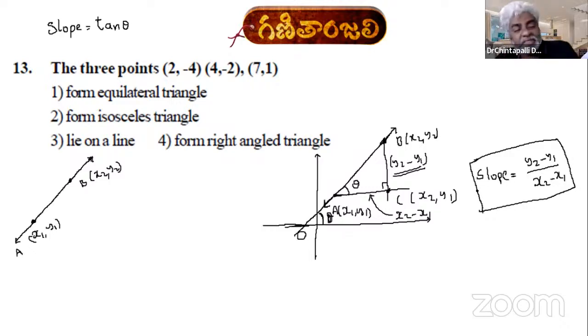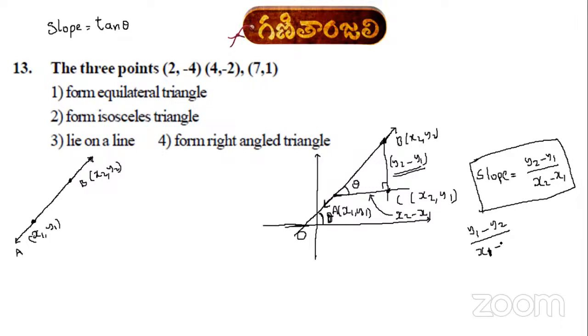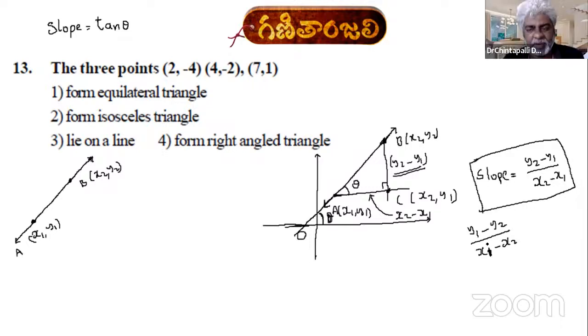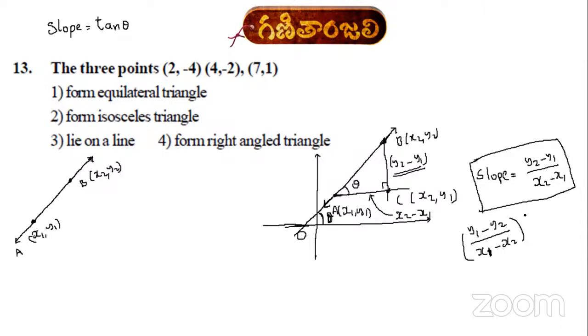Of course, in some cases we may use the same formula as y1 minus y2 by x1 minus x2. This is also correct because we can multiply numerator and denominator by negative, and we get this formula. Both are the same. Okay, now come to the point.